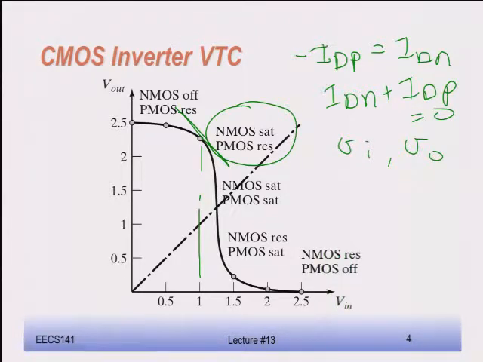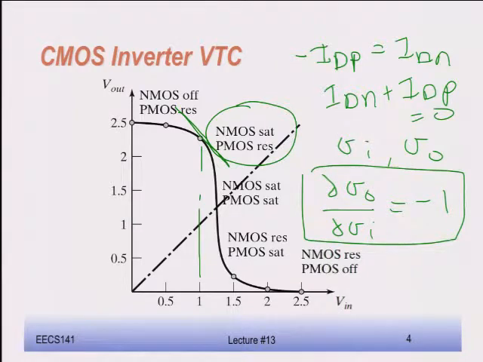In order to find the VIH, or in this case the VIL, what I want to do is, if I have this expression where I express VO as a function of VI, I'm looking for a point where the derivative of VO with respect to Vin is equal to -1.